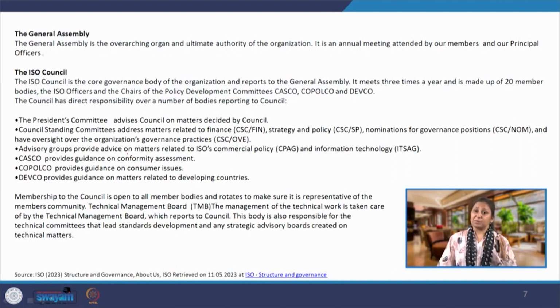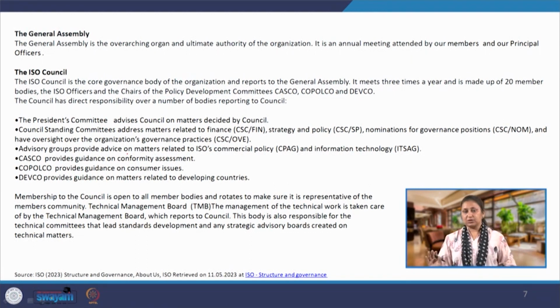So, ISO specifically has a standing committee which guides on matters related to developing countries. So, whenever a standard or a framework is being developed in ISO, these standing committees provide advice and guidance specifically on these issues: developing countries, consumer issues, and conformity assessment.